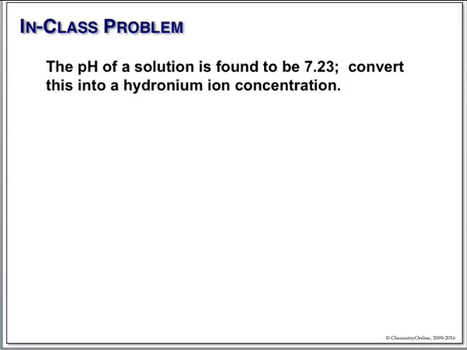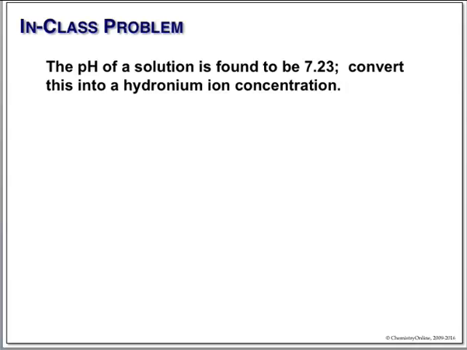Now is when you need to fire up your calculators and play along with it. Here we have a solution with a pH of 7.23. I want to know the hydronium ion concentration. Now it's above 7, isn't it? So this solution is slightly basic. Very slightly, but it is slightly basic. If it was below 7, it would be acidic.